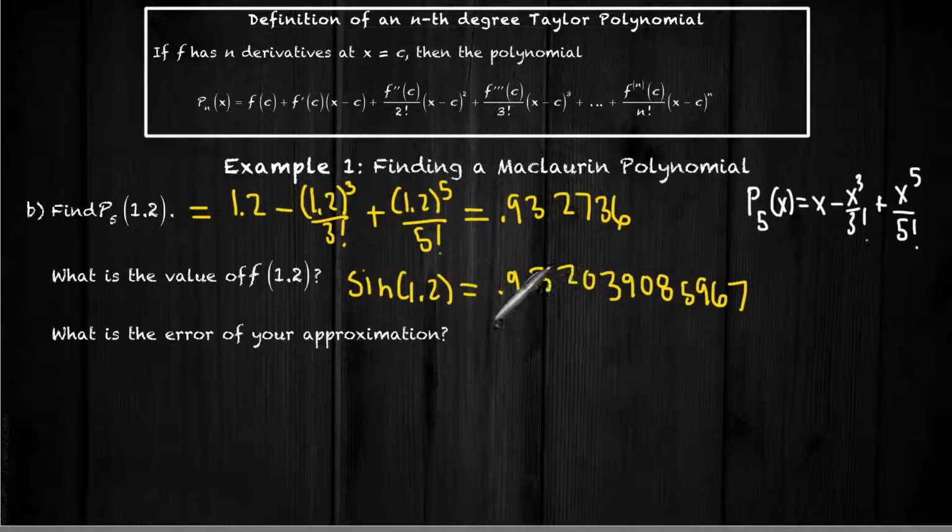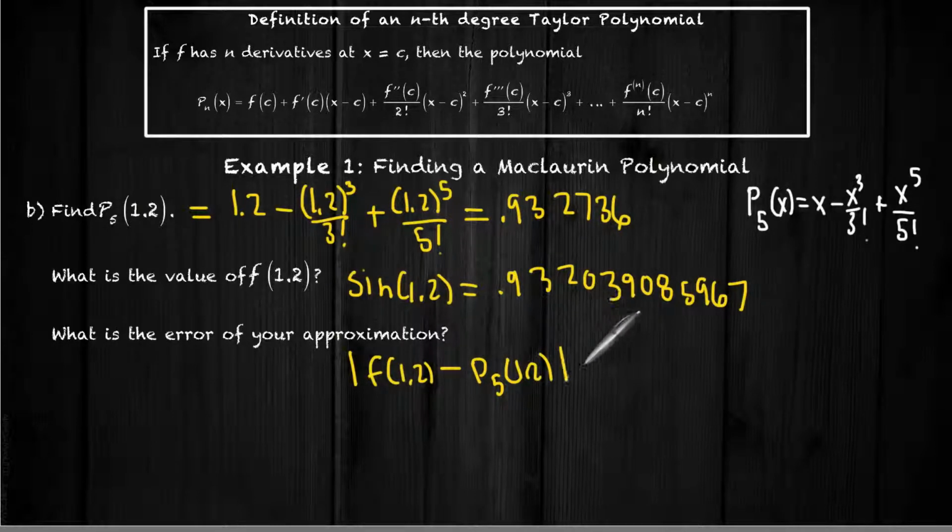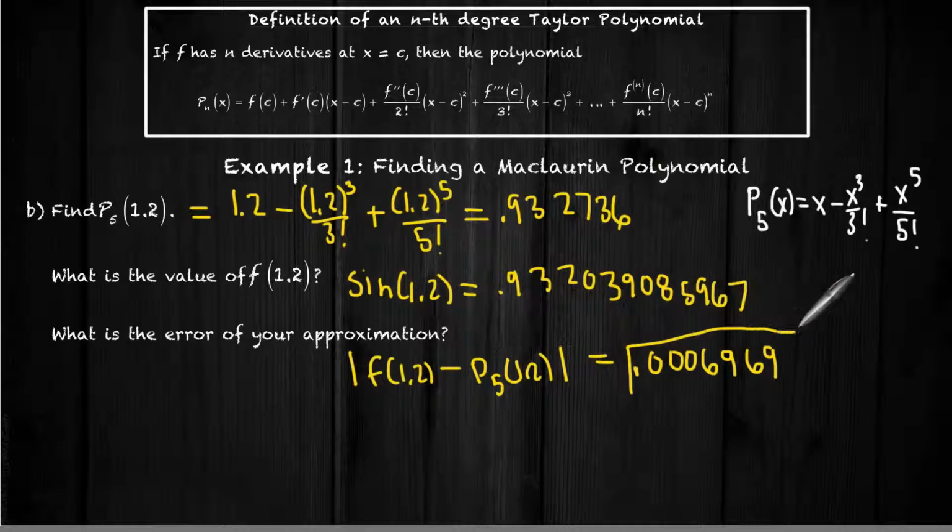All right, so the error in your approximation is the absolute value of the real function's value minus the approximation. So when we calculate that, that's going to end up giving us 0.0006969. So you can see that our approximation is very, very close to our original function.